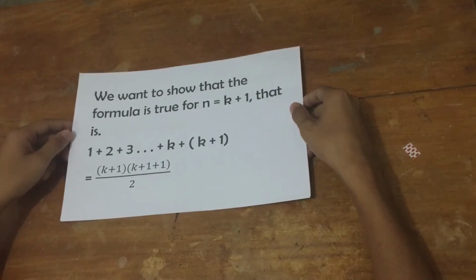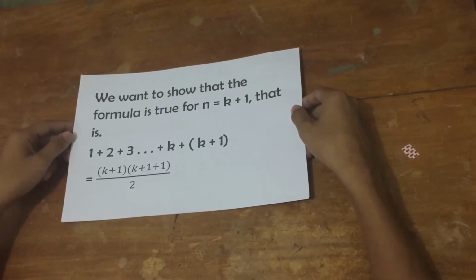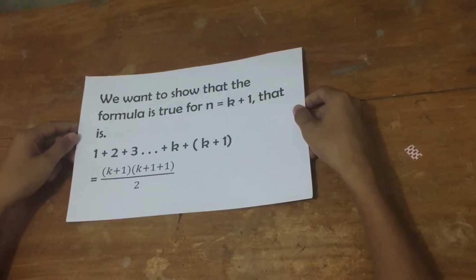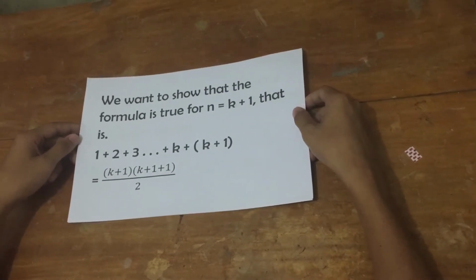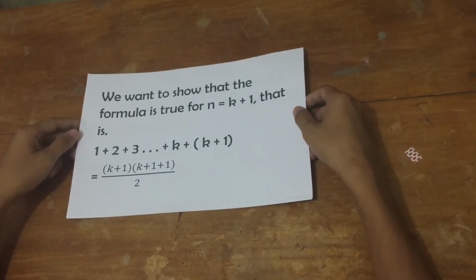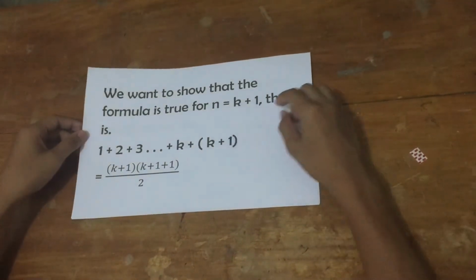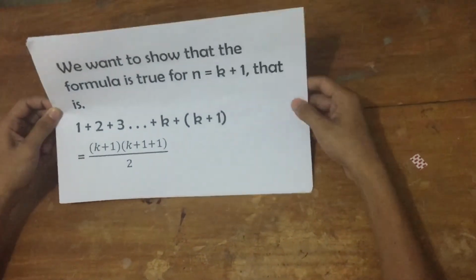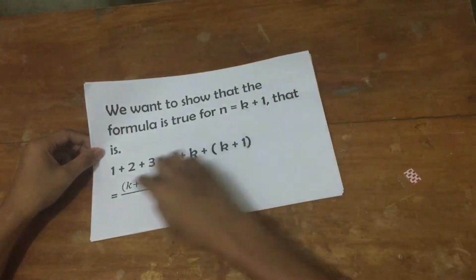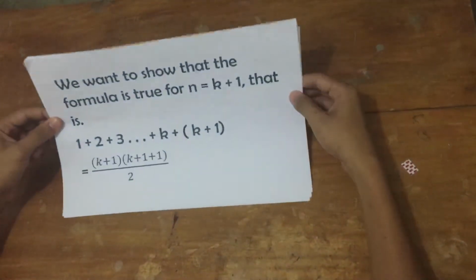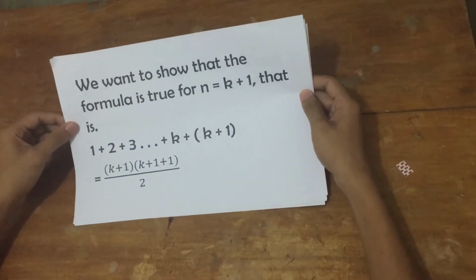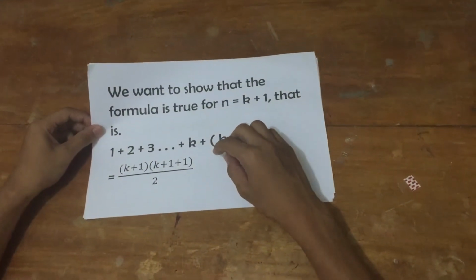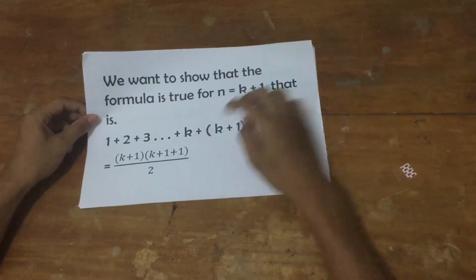That is, 1 plus 2 plus 3 plus ... plus k plus quantity k plus 1 equals quantity k plus 1 times quantity k plus 1 plus 1 over 2. So the n in here is substituted by k plus 1. This is the equation that we need to prove.